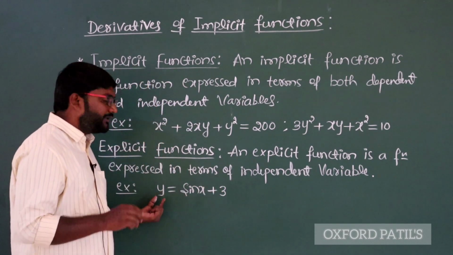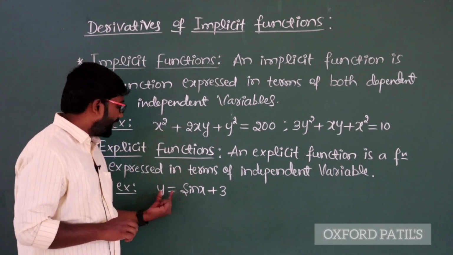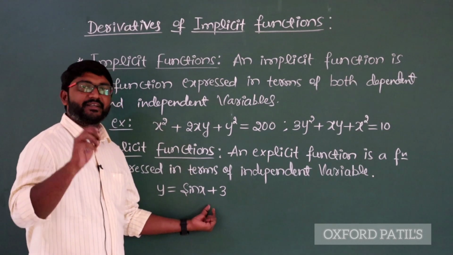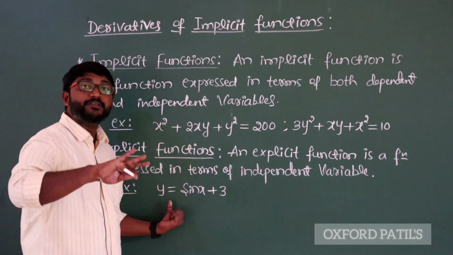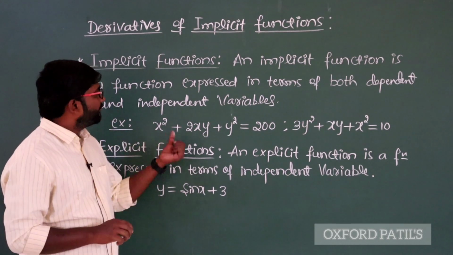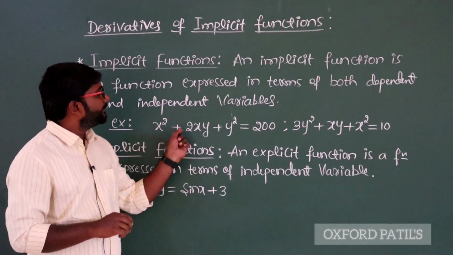Here y is a dependent variable and x is an independent variable. So y is completely depending on the variable x. Here y is completely explicitly expressed, or y is separated completely. But in these two earlier examples, it is not possible to separate y.